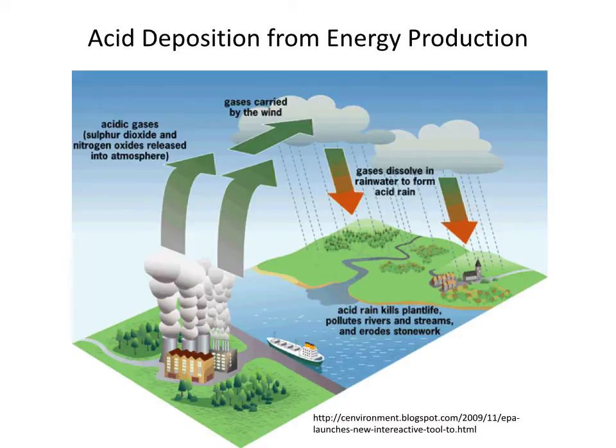This acid rain can kill plant life, pollute rivers and streams, and erode stonework, masonry, and other architectural details such as monuments.